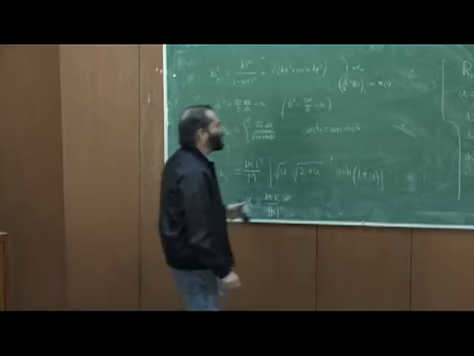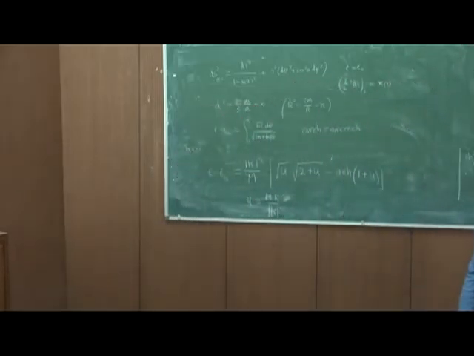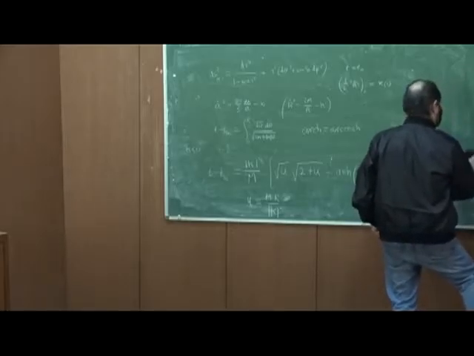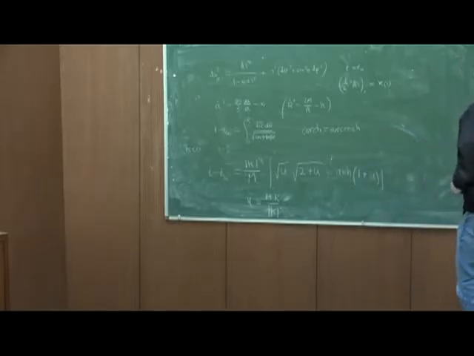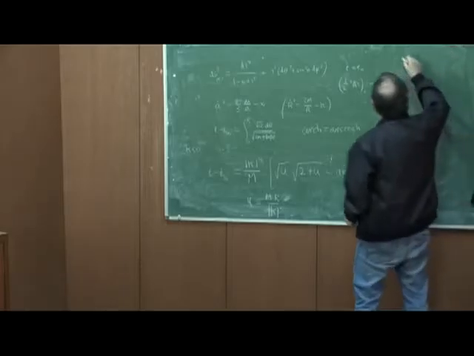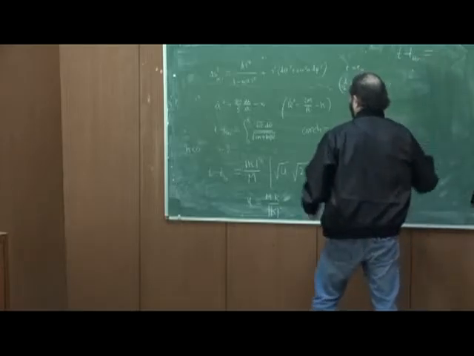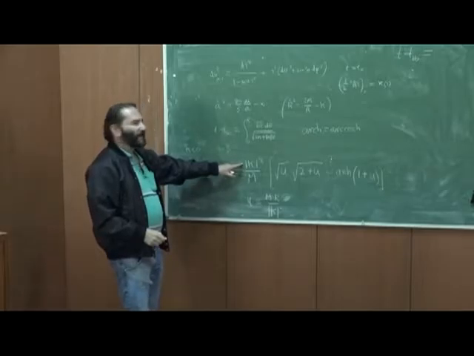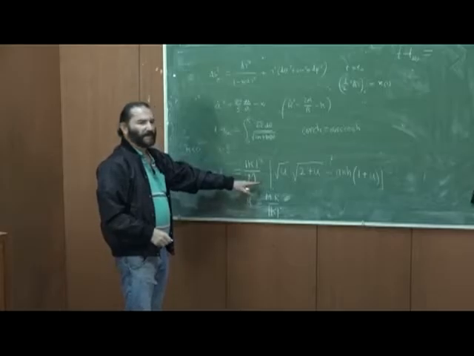Now let's put it into our new variables. We already know that once we substitute this, the r here is an r cubed, and there is an r cubed here, and in a 4 pi by 3.